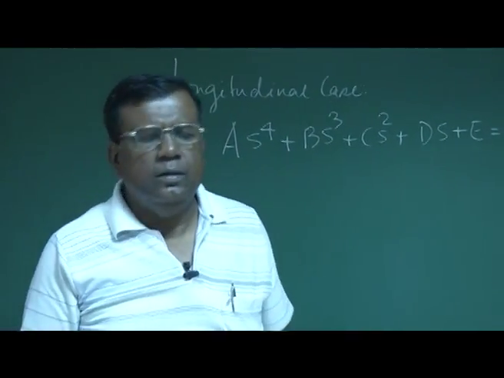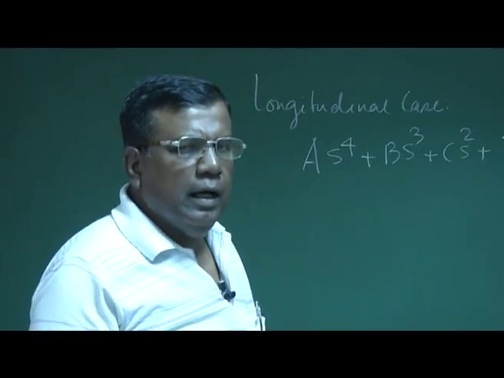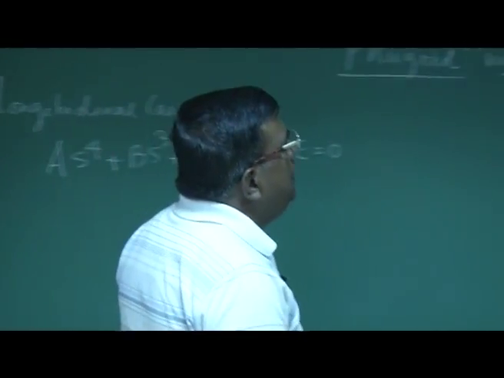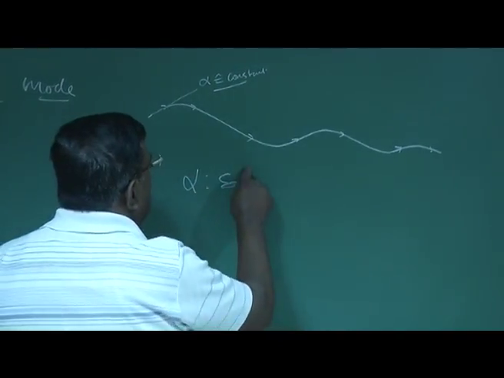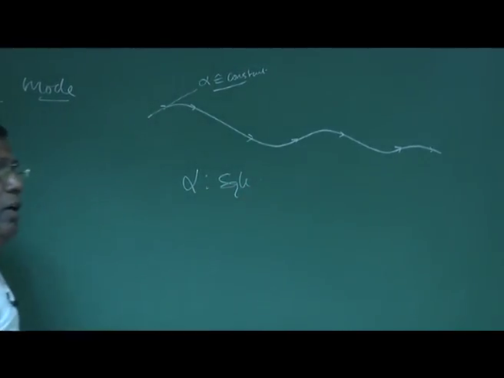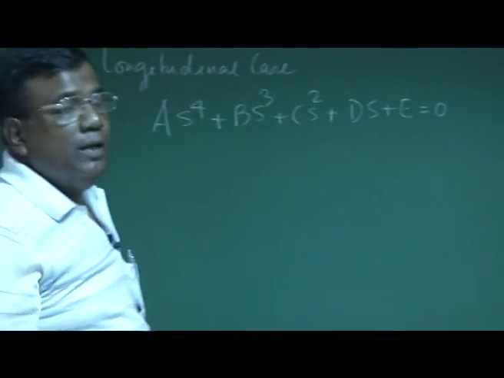I will not say good, it's not a very good approximation, but an okay approximation. So we assume that the alpha equation is superfluous, that is, we need not consider that alpha equation at all, right? So we are not considering any moment equation about its own axis either.